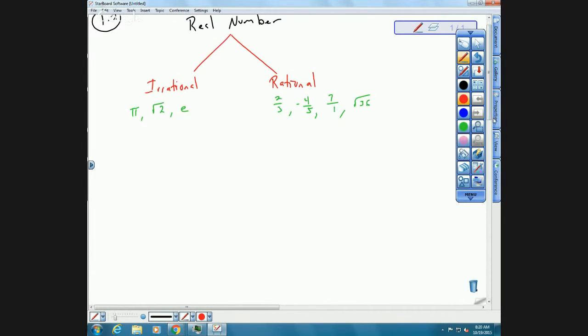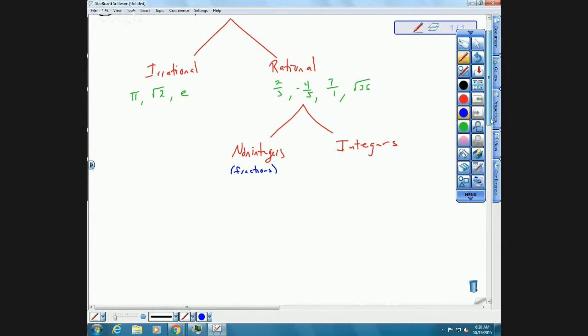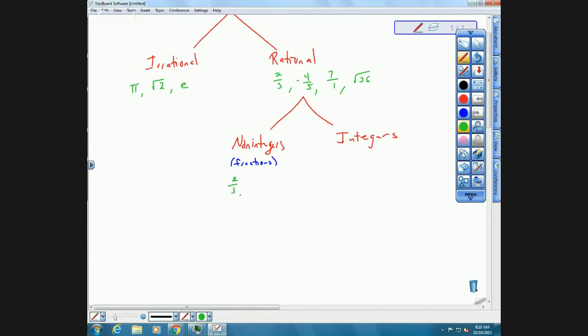All right, so there's nothing else under irrational, but under rational, we can start breaking those out, and we could say integers and non-integers, which is basically, your non-integers are all your fractions. Whereas this is 2/3, there's no different way to write that, and there's no different way to write -4/5.